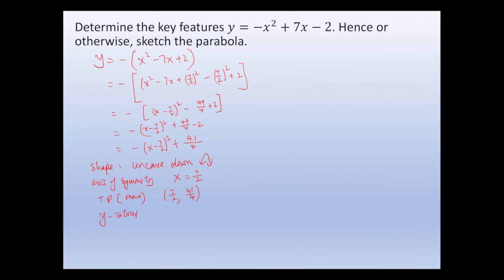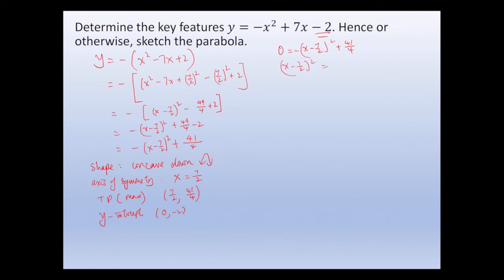Alright, now we know that the y-intercept is 0, minus 2, straight from this equation. And then let's calculate the x-intercept. When y equals 0, (x minus 7 over 2) squared is 41 over 4.